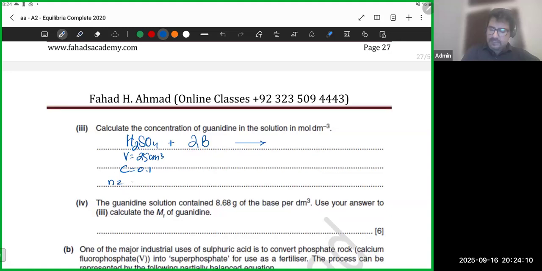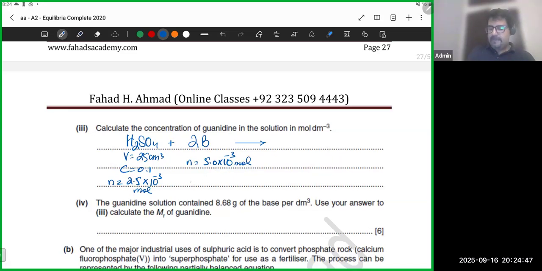Moles is concentration times volume, so 25 times 0.1, divided by 1000, which is 2.5 times 10 to the power minus 3. The moles of guanidine will be double this, so that's 5.0 times 10 to the power minus 3.